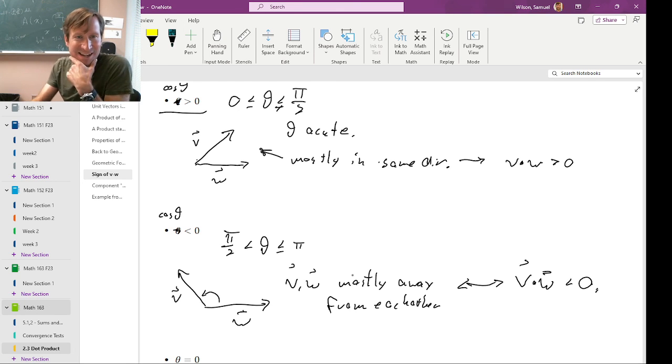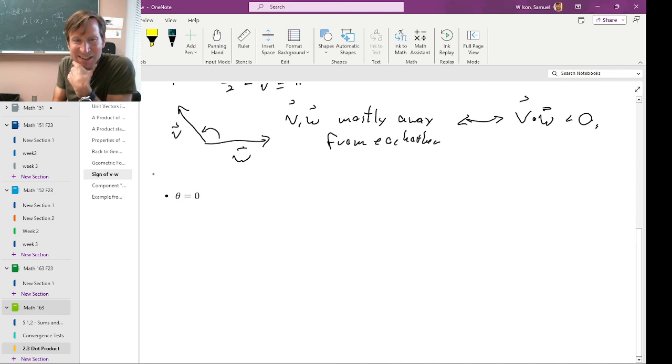And then I guess the last case, right? We looked at what happened if this cosine part is positive. We looked at what happens if it's negative. So finally, let's look at what happens if the cosine of our angle is 0. Well, theta has to be between 0 and pi, and the only angle between 0 and pi whose cosine is 0 is when theta is exactly pi over 2.